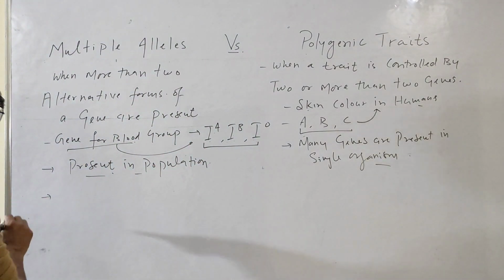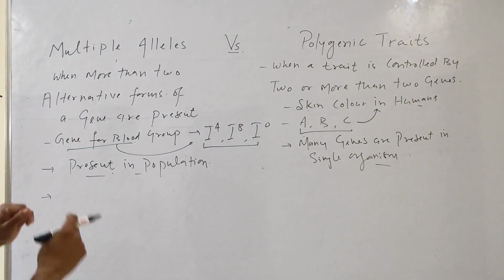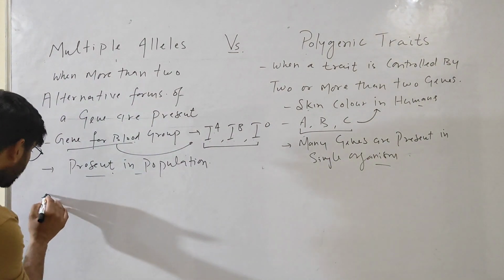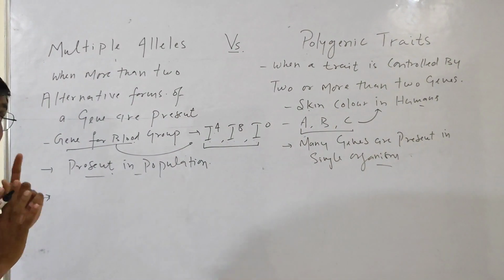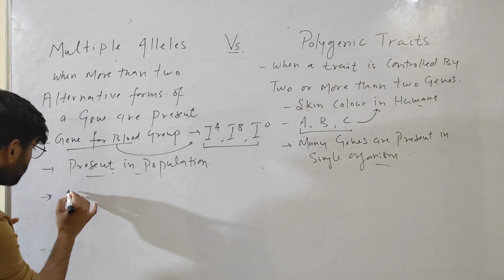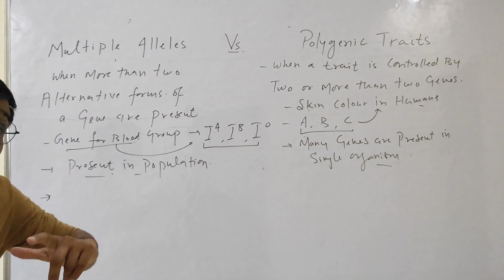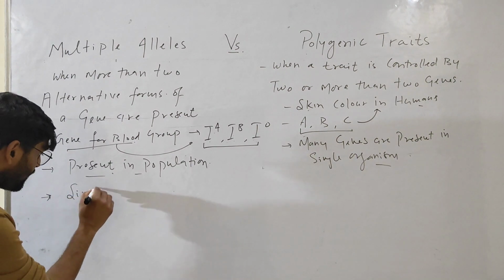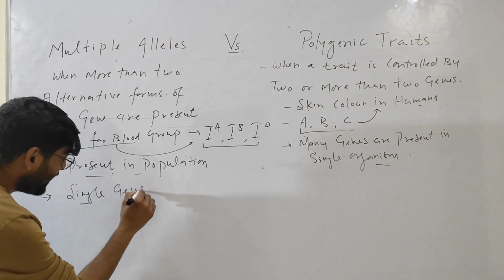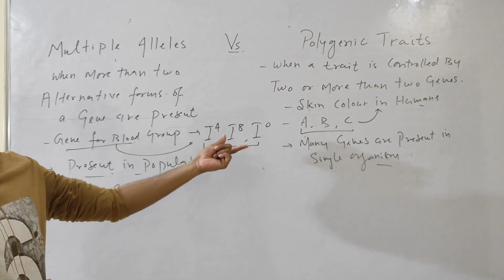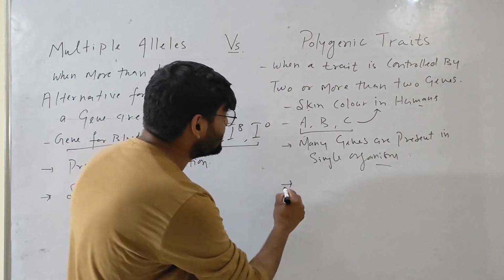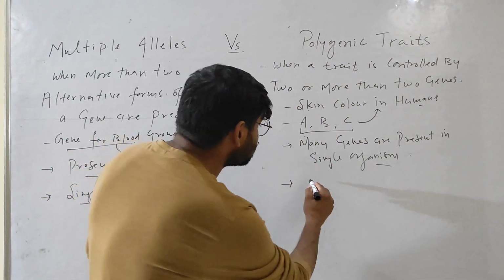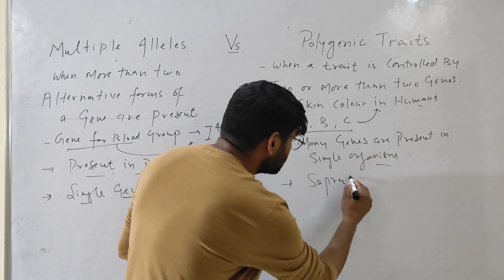Now coming to the third difference. These multiple alleles are found, or you can say are variants of a single gene. A single gene is there, and these all are variants of the single gene. But in this case, these are not a single gene, these are separate genes.